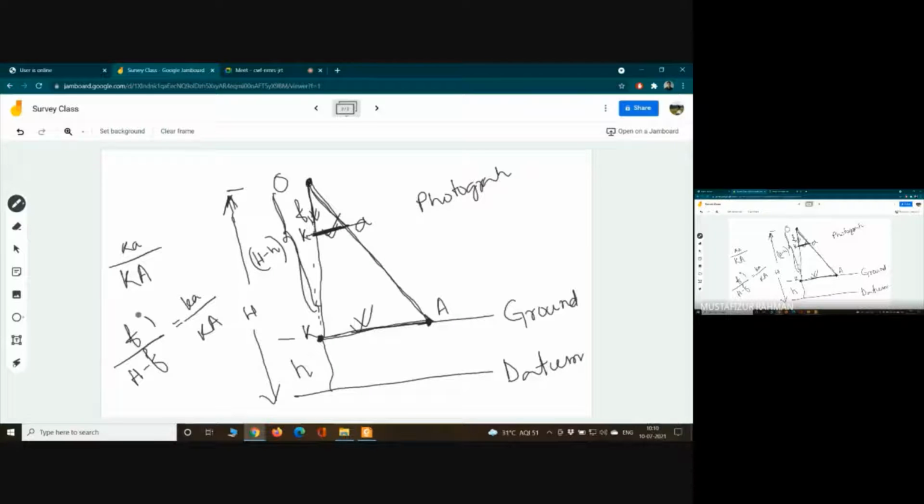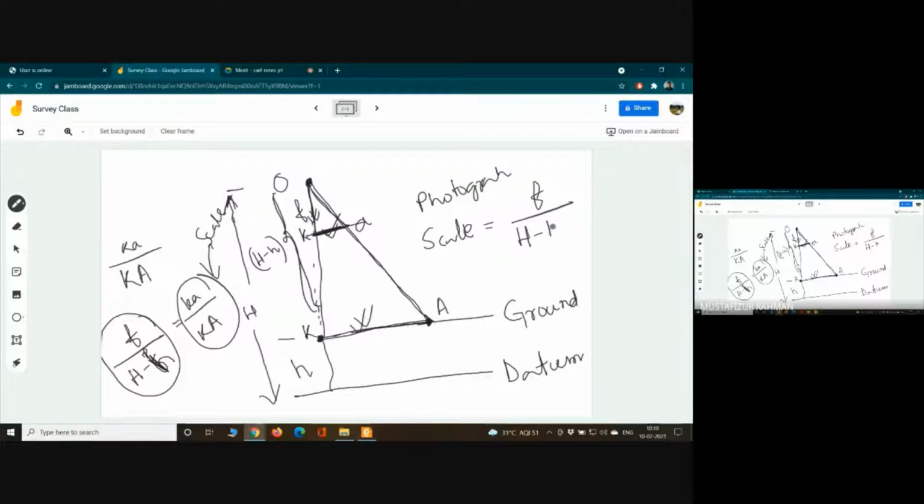And we see that this is the scale of the photograph. So very easily the scale of the photograph comes up. Scale of the photograph is F divided by capital H minus small h. What is F? F is the focal length of the instrument or camera that we are using.